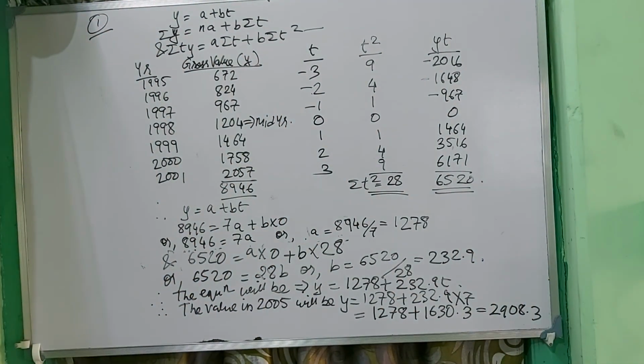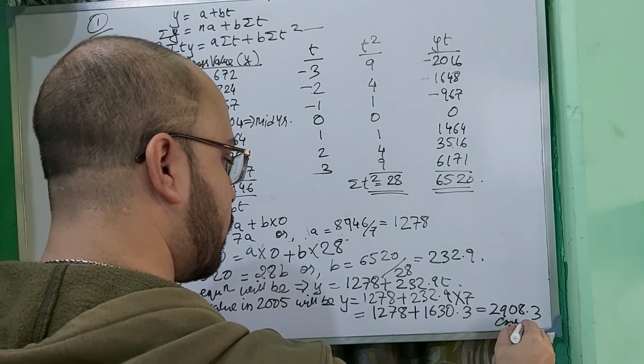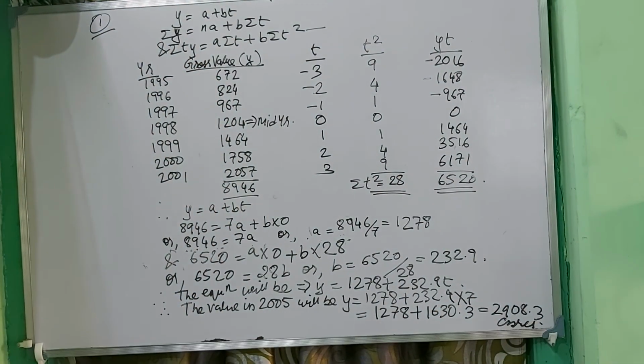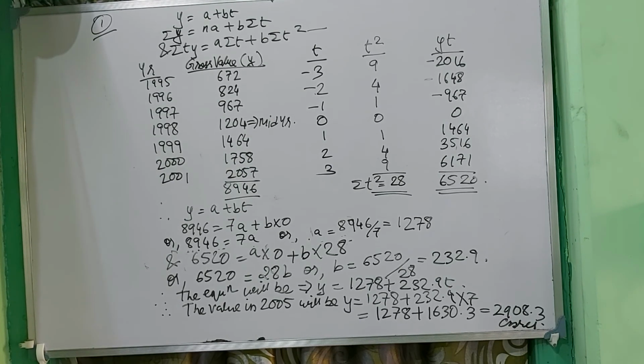This will be your answer: 2908.3 crores in the year 2005. Means in the year 2005 that amount will be the value.